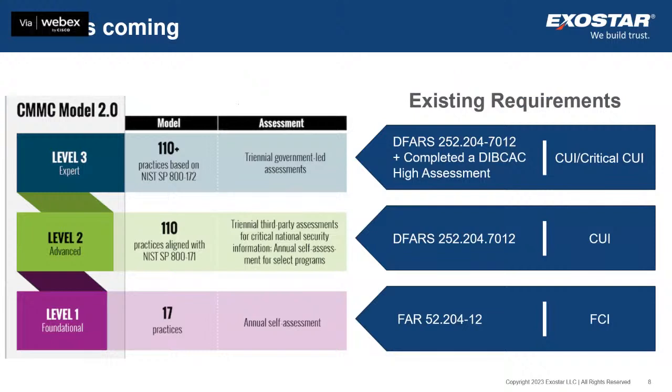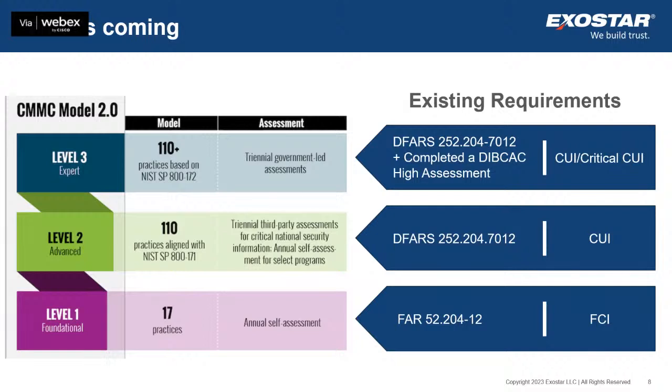So if you don't have DFARS clauses in your contract and you just have the Federal Acquisition Regulations, in those cases, you typically won't be receiving controlled unclassified information. You'll just be having the contract information, that's the FCI, federal contract information.